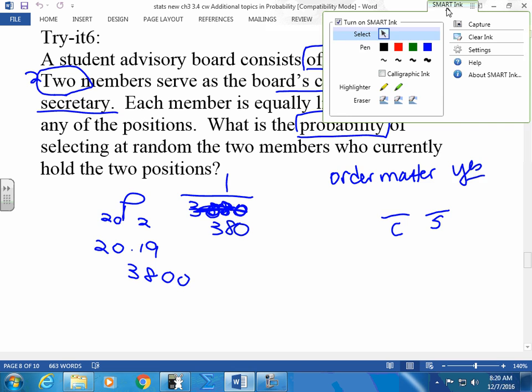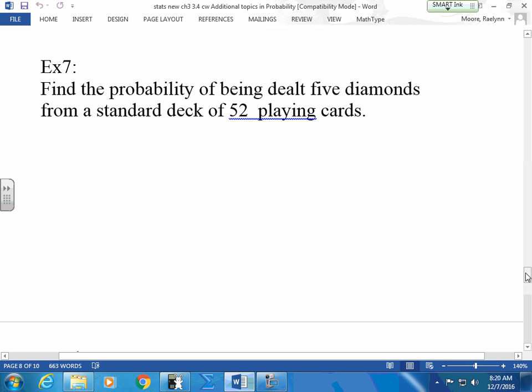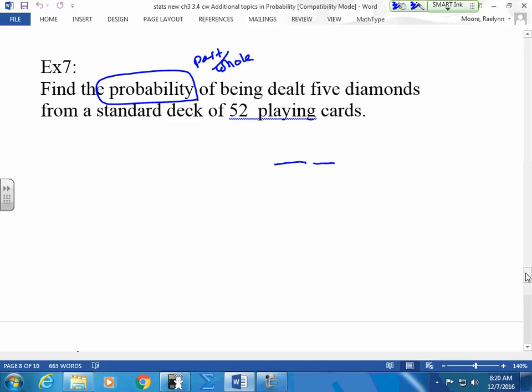All right, let's try another one. I love doing probabilities. Find the probability, part over whole, of being dealt 5 diamonds from a standard deck of 52 cards. So, if I need to hold 5 diamonds in my hands, first time through, what is the probability of getting a diamond?